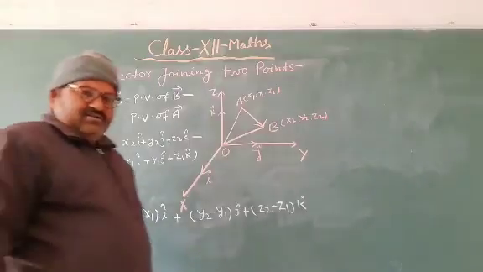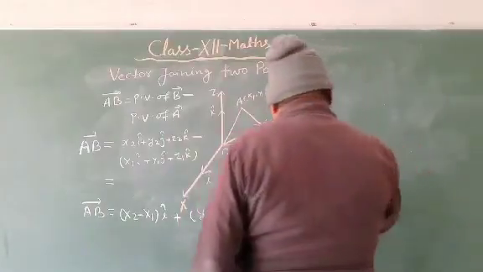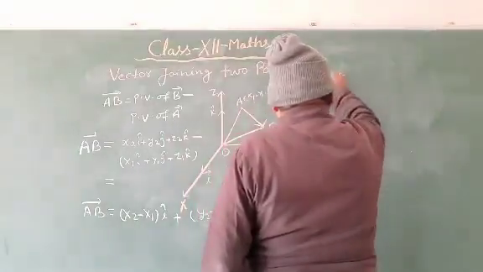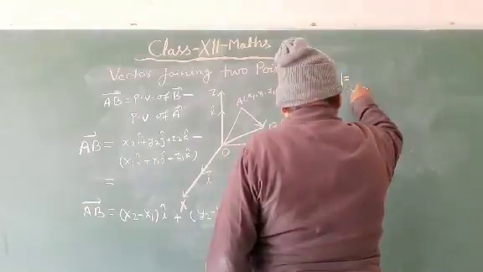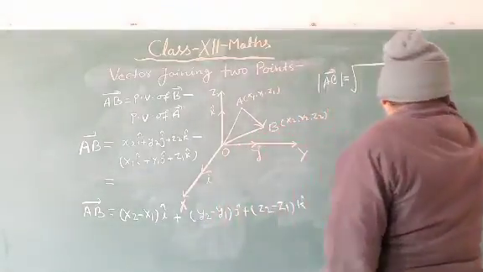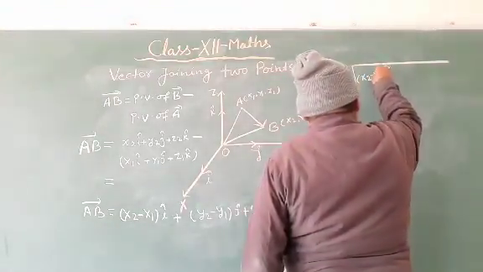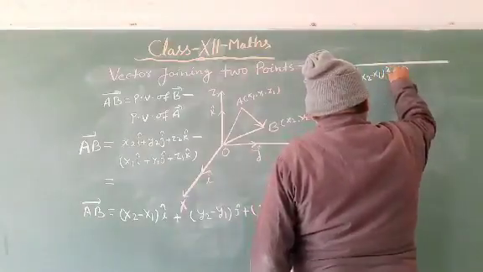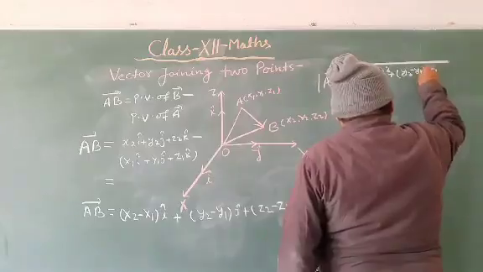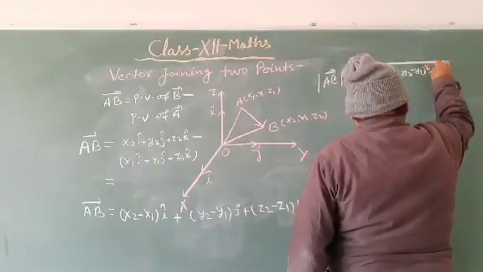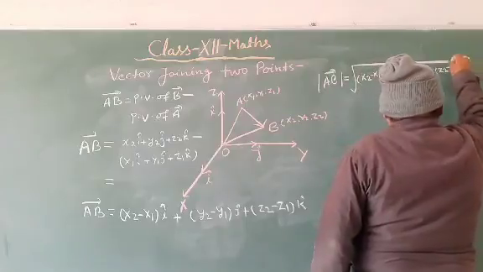And the modulus of vector AB is equal to the square root of (x2 minus x1) squared plus (y2 minus y1) squared plus (z2 minus z1) squared.